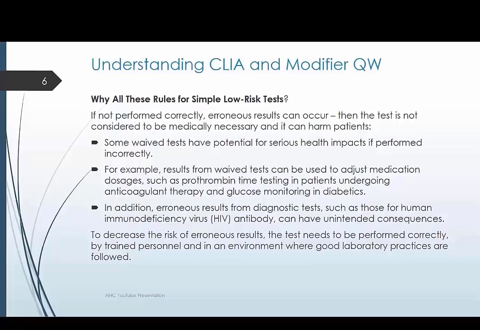For instance, results from a waived test can be used to adjust medication dosage, such as prothrombin testing in patients undergoing anticoagulation therapy and glucose monitoring in diabetes, and it can result in a medication adjustment that could harm the patient. In addition, erroneous results from these types of diagnostic tests, such as for human immunodeficiency antibody, can have unintended consequences. To decrease the risk of erroneous results, the tests need to be performed correctly by trained personnel and in an environment where good laboratory practices are followed.